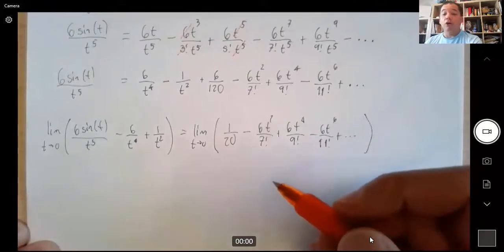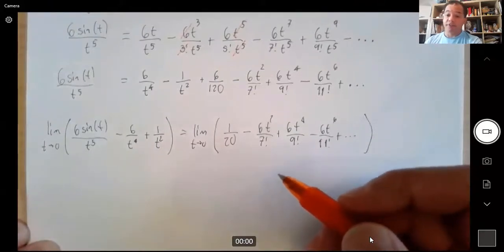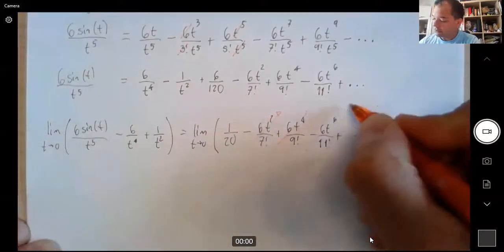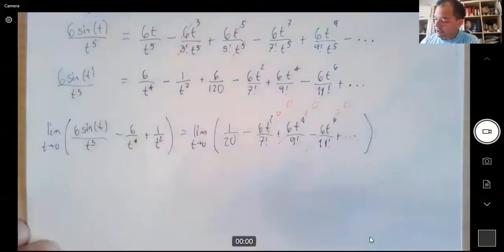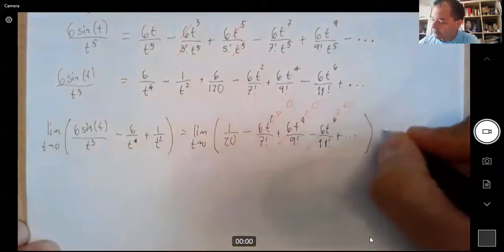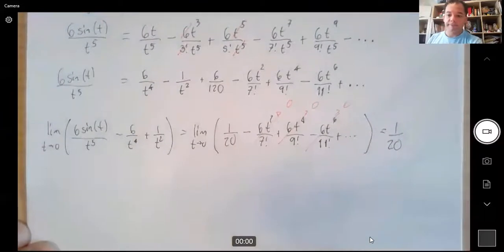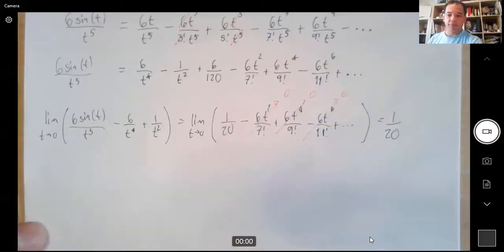Yeah, they're all going to vanish, right? They're going to become 0. So all of them will go to 0. And that's how we get the answer to our limit, which is 1 over 20. All right? Questions?